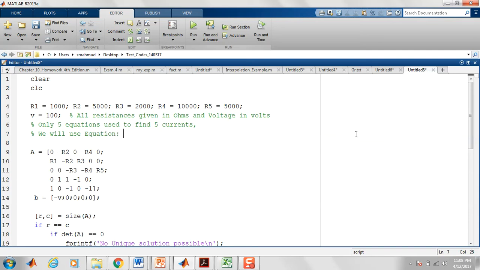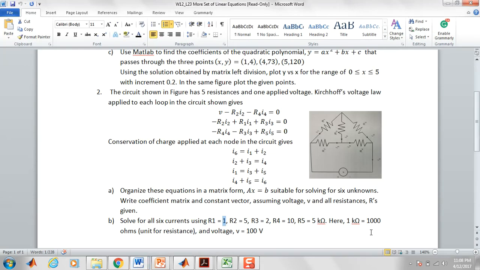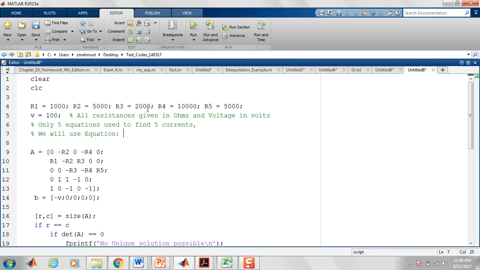You can show what equation we're referring to, and to show that I need to go to this original assignment. Let's say I6 equals I1 plus I2. So you want to write I6 equals I1 plus I2. We'll use this equation to find I6.